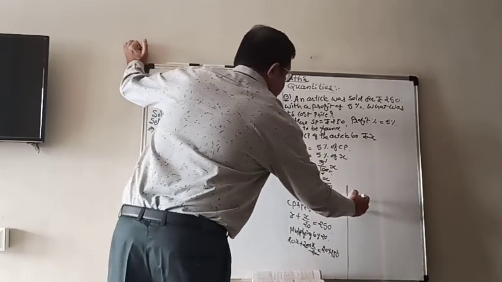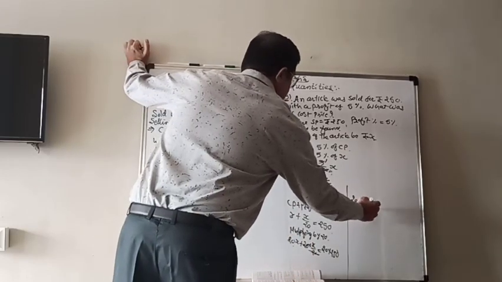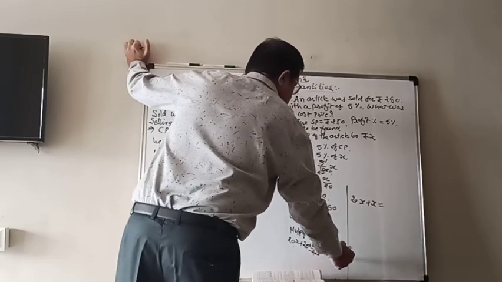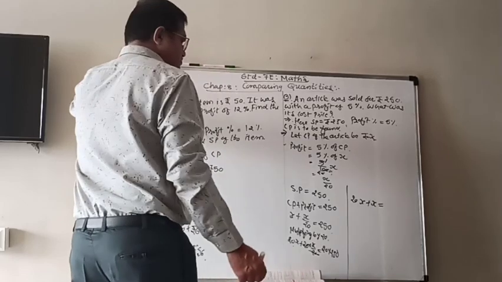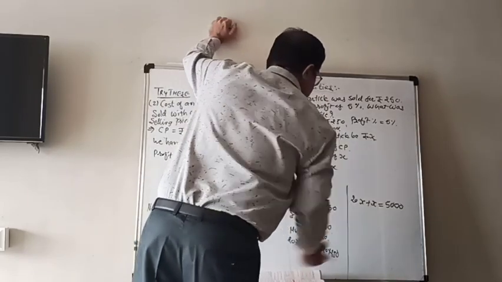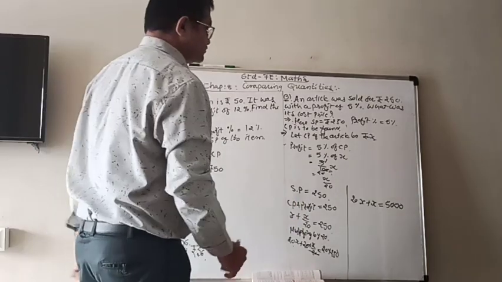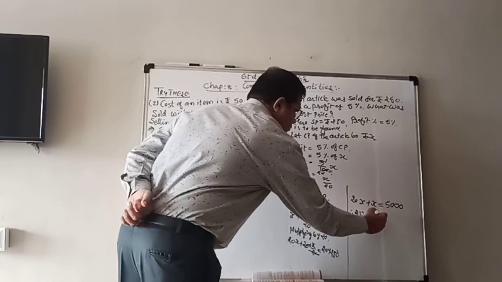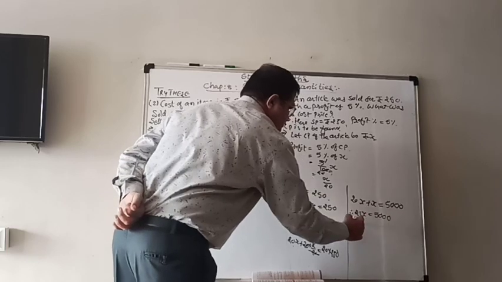So 20x plus x is now 25 twos are 50 and 2 zeros. So that will be 5000. So now 21x is 5000.